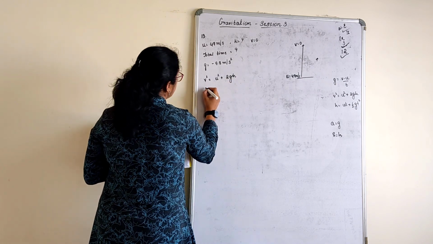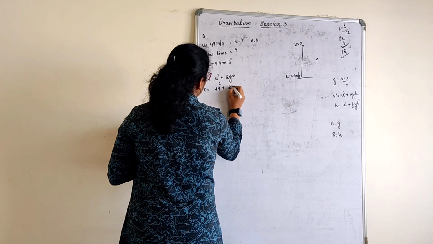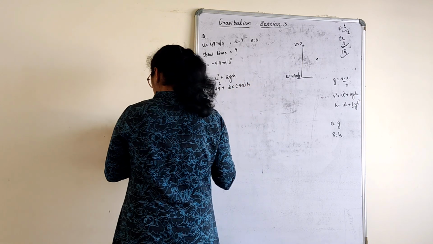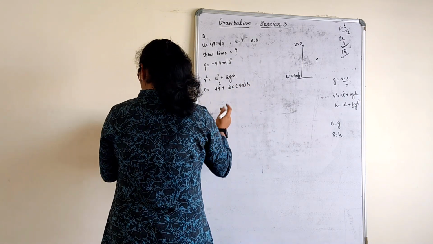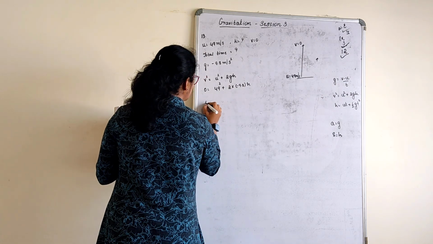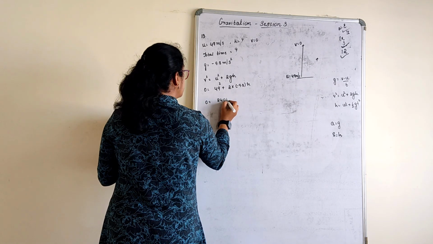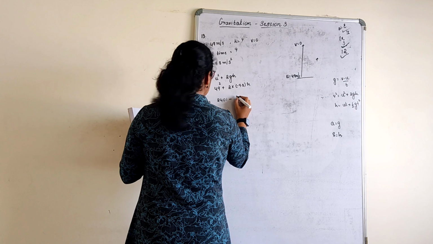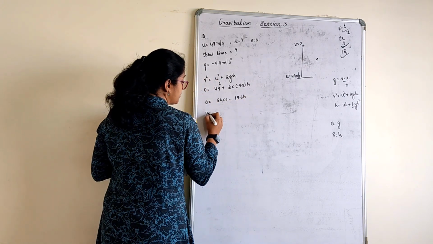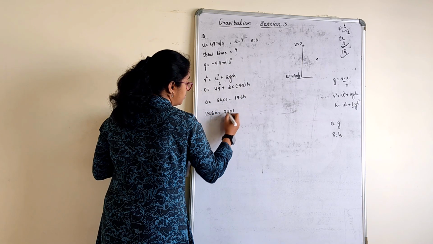V is 0, U square is 49 square plus 2 into minus 9.8 into H. When you apply this formula, 0 is equal to 49 square, which is 2401, minus 19.6 H. Shift this side. 19.6 H is equal to 2401.